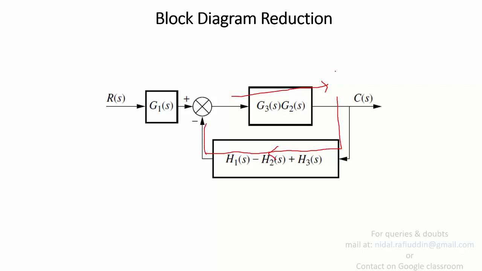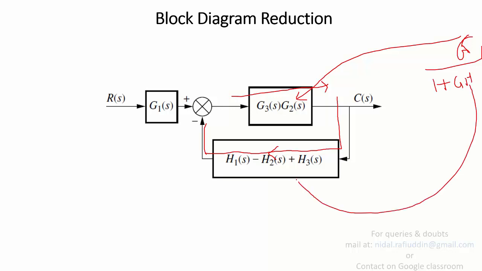So again the elimination of the closed loop applies, and you will apply the same expression, G over 1 plus GH, for elimination of the summing point. In this particular case, the forward path gain G is nothing but G3 multiplied by G2, while H is nothing but H1 minus H2 plus H3.